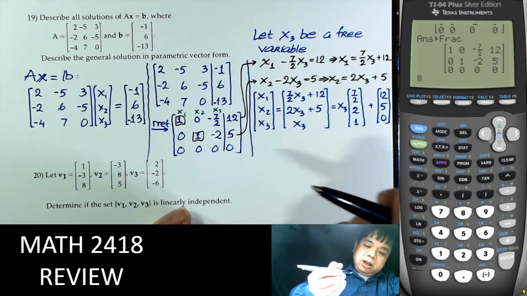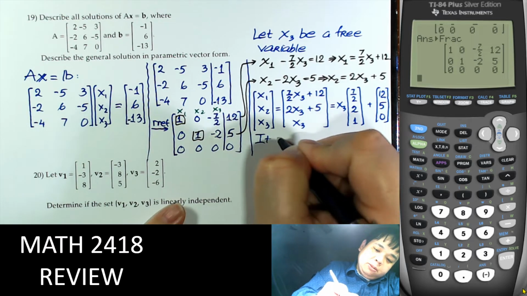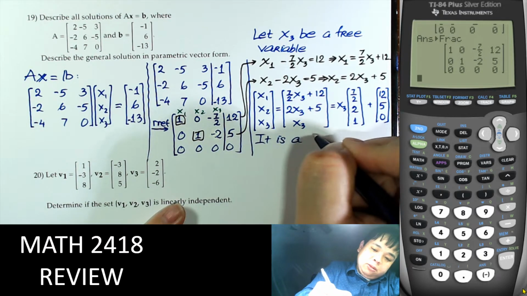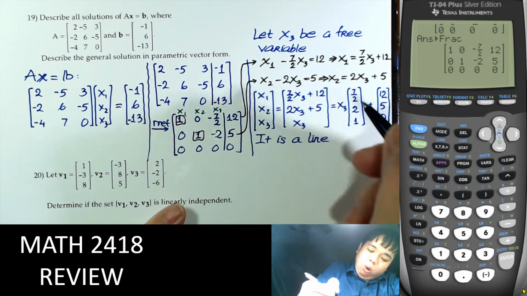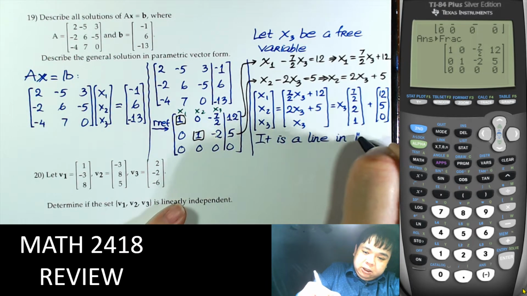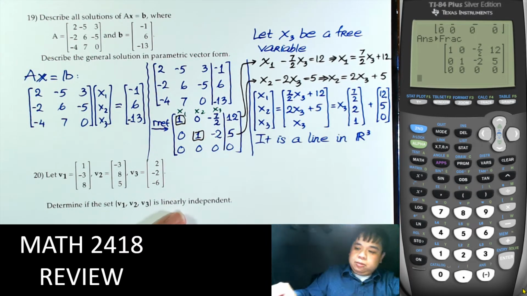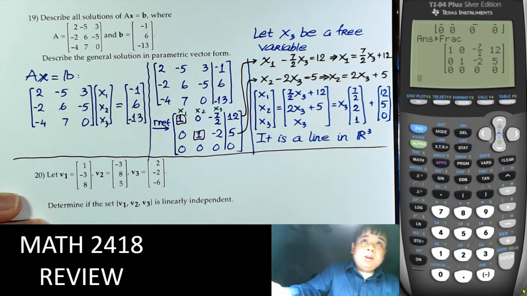So bottom line is, we just describe this. It is a line because it only has one parameter, so one-dimensional object, in three-dimensional space. Right. So that's what we have.